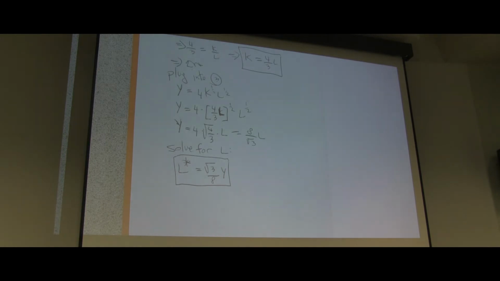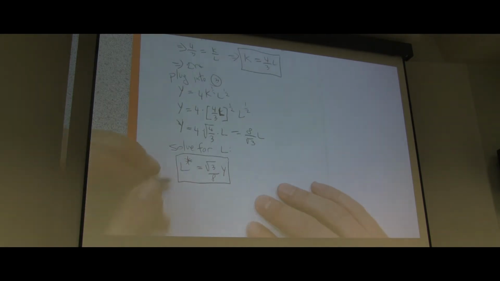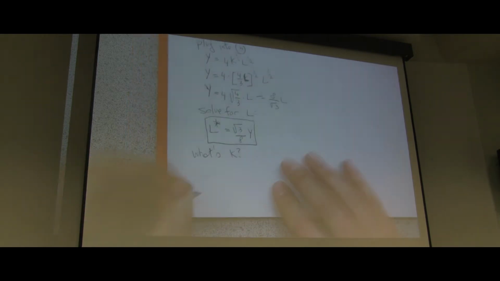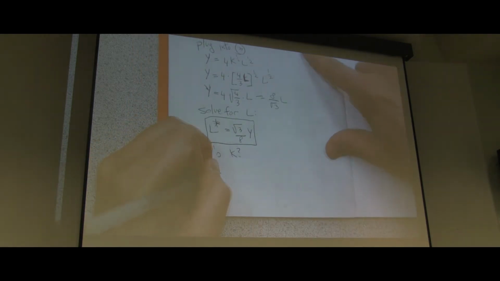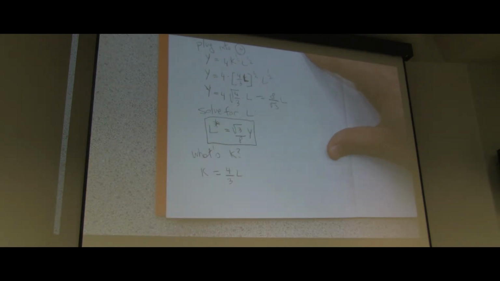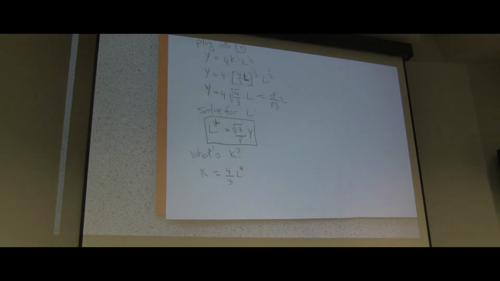Now what do I do next? Find the K. What's K? K is equal to 4/3 L star. I know what L star is now.